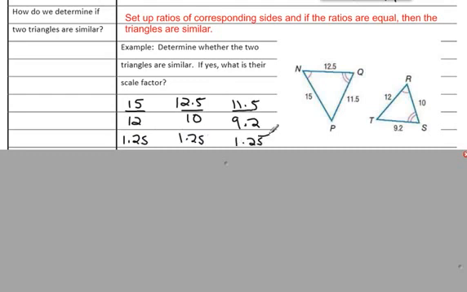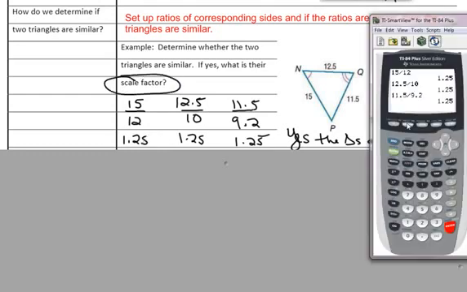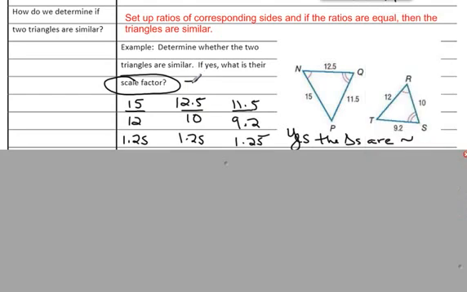Since all three ratios are equal, we would say yes, the triangles are similar, and their scale factor is this 1.25, but as a reduced ratio. So we would press Math, Enter, Enter, and we would get 5 over 4. Because we want a reduced ratio, a reduced fraction would be the scale factor.